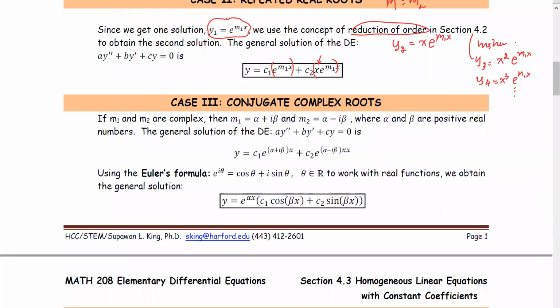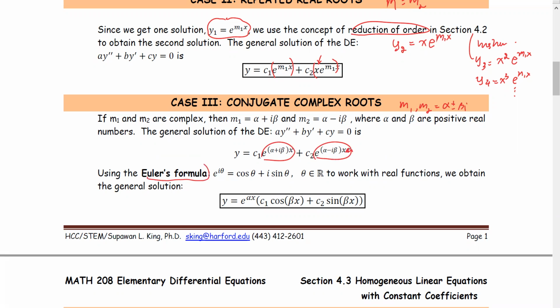Here is number 3, the conjugate complex solutions. In this case, m1 and m2 are in the form of alpha plus or minus beta i, where alpha and beta are real numbers. So we put together the linear combination of the two solutions as c1 times y1 plus c2 times y2.